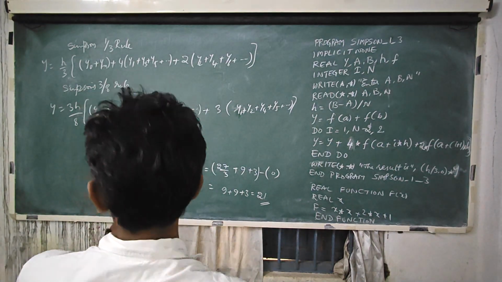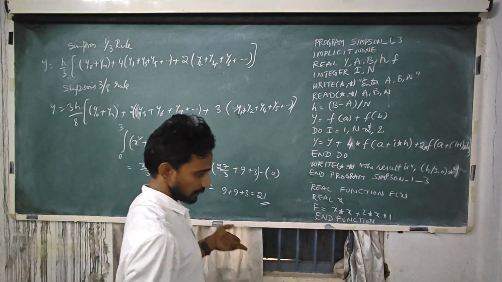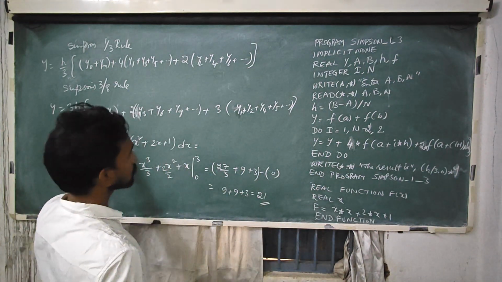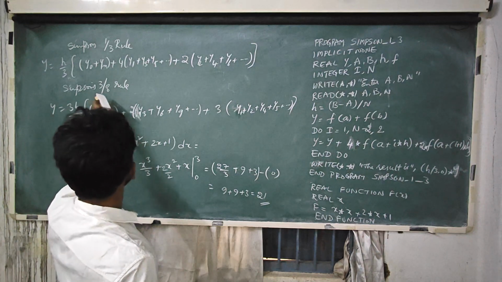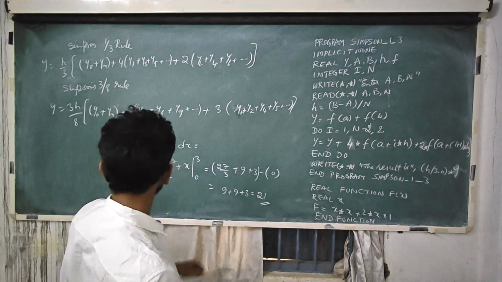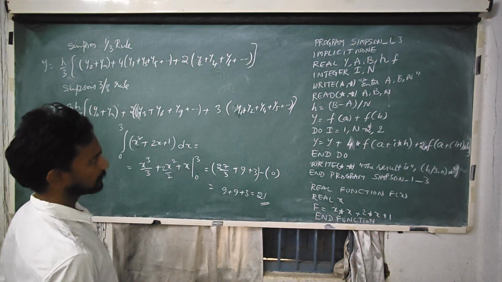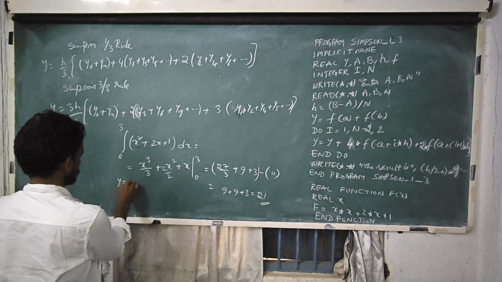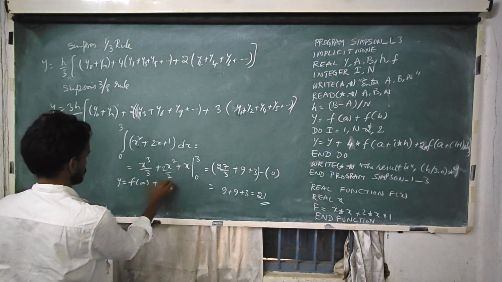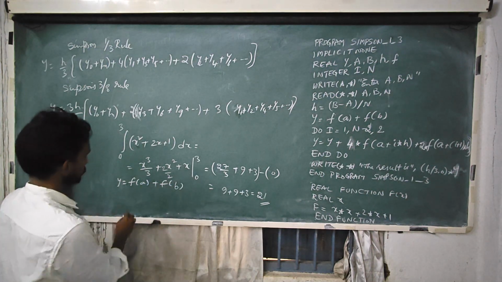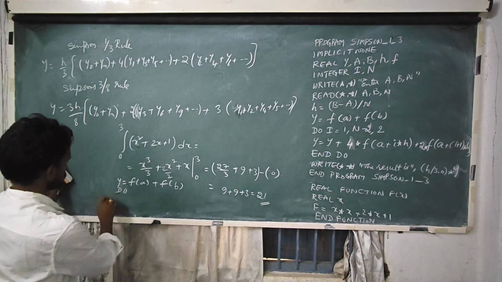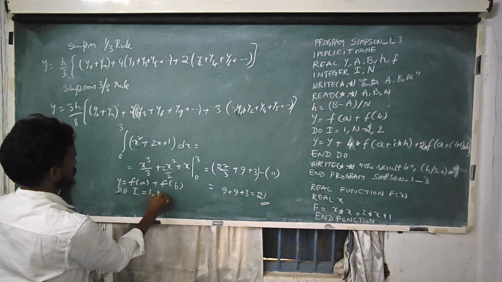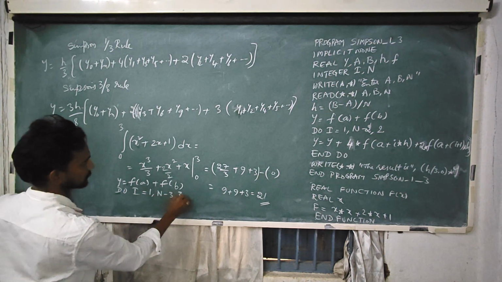Right, so to write the program for 3/8 rule, the same way you have to consider up to 3 terms here. So let's say here y is equal to f of a plus f of b is the same. Do I is equal to 1 to n minus 3 with a step size of 3.